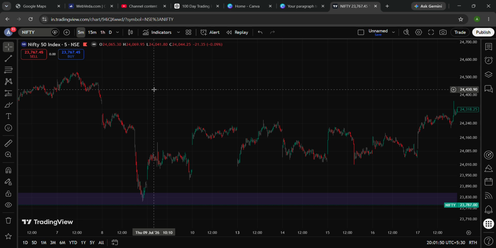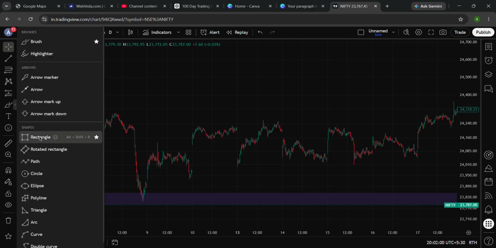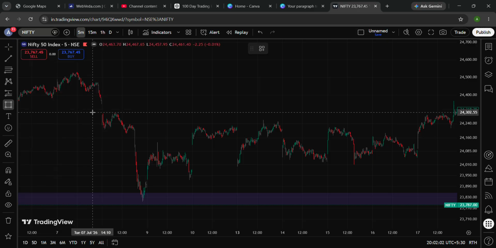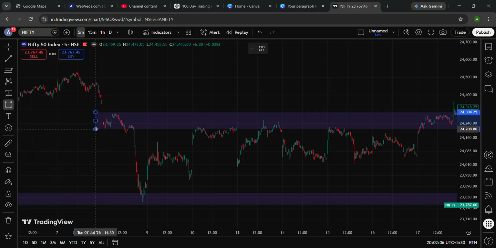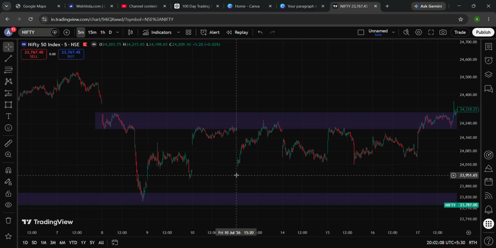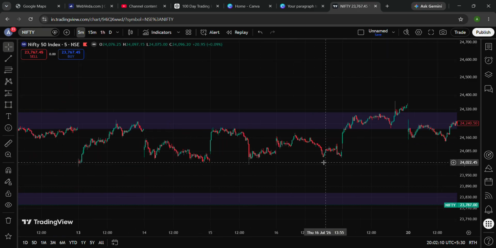So how can you plot it? You have to simply hover your mouse into the tool sections, and in the brush icon you have to just click there, and here you will find a rectangle. So you have to just click the rectangle and simply draw your support zone from here.